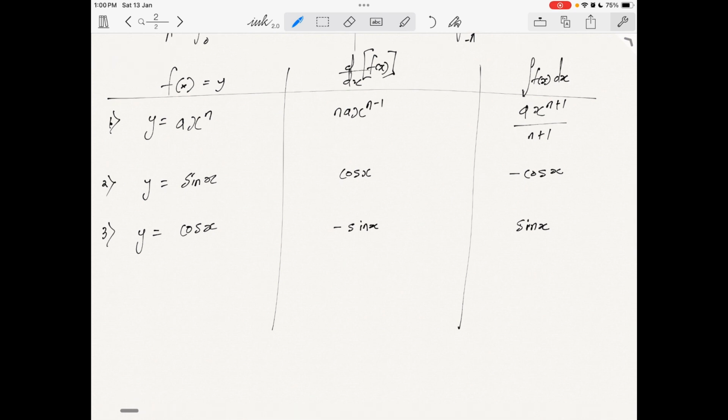Now, just to add a bit more, if y is equal to sine nx, differentiating sine nx, we will have n cos nx, and integrating sine nx, we will have minus cos nx divided by n.